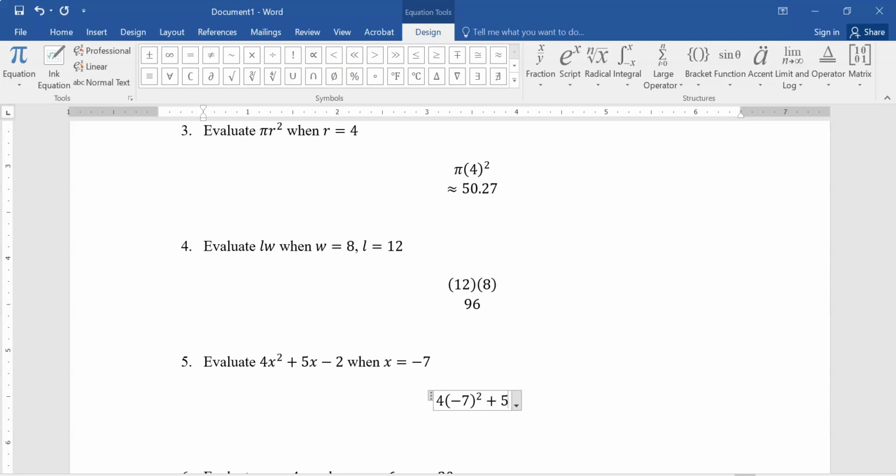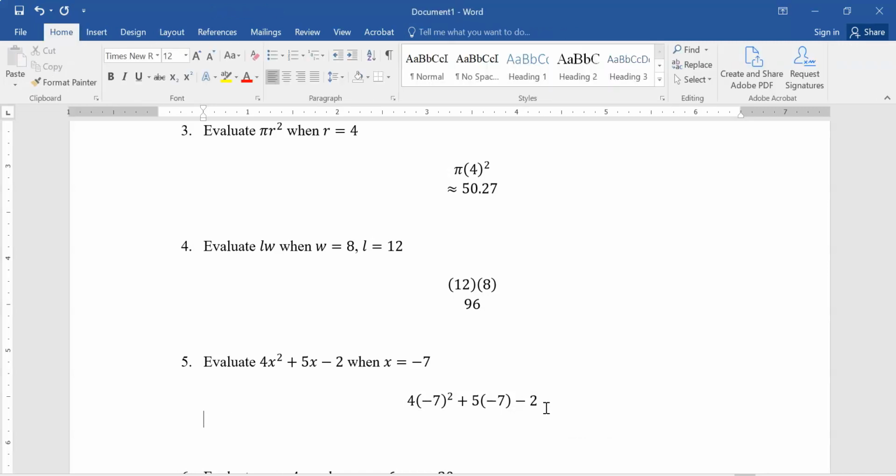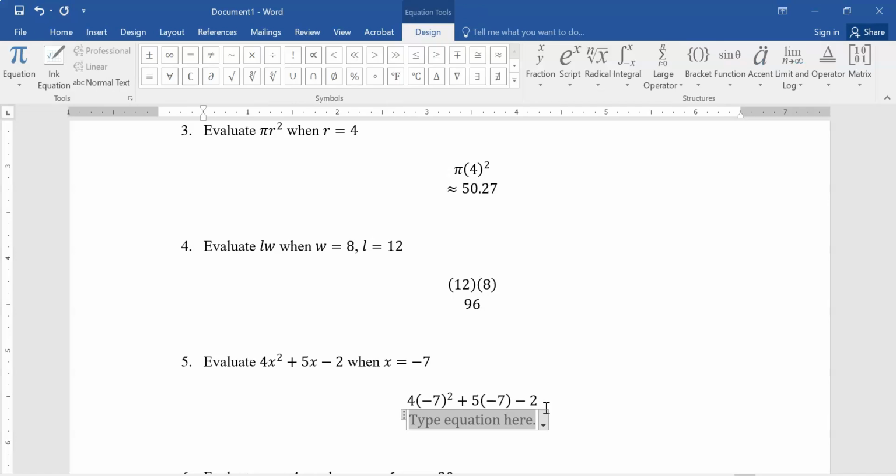So what's that? Plus 5 times -7, minus 2. All right, so there you go. It's a pretty straightforward type-in, and if you type this in right, I believe you get 159.